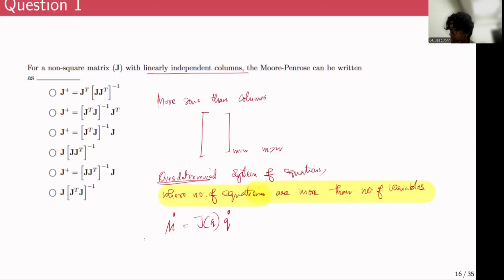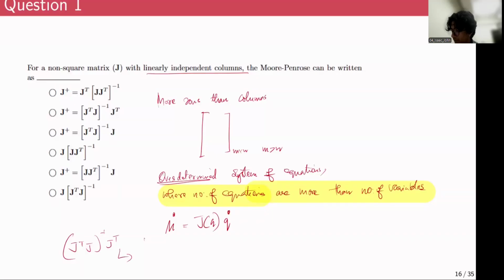Okay, in this case, for linearly independent columns, or when the Jacobian matrix is tall, or when the number of equations is more than the number of unknowns, we go with the left pseudo inverse. Yes, exactly. Left pseudo inverse, which is given by J transpose J, the whole inverse, J transpose.